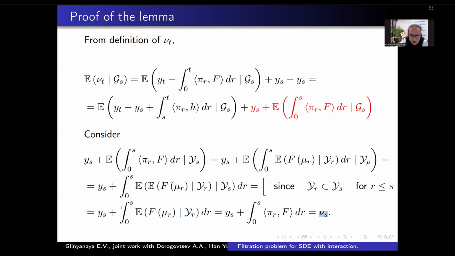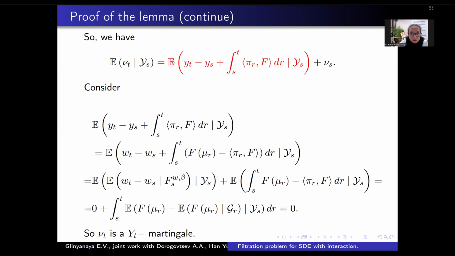We will prove that it is equal just to the value of nu at moment s, using some simple tricks with conditional expectations. So we get that this part is just the innovation process at time s. On the next step, we check that the other red part is 0, and it is also not hard to see, again with some tricks with conditional expectations.